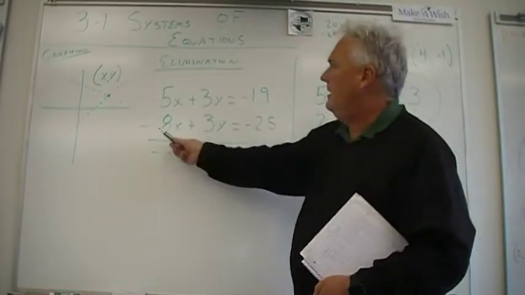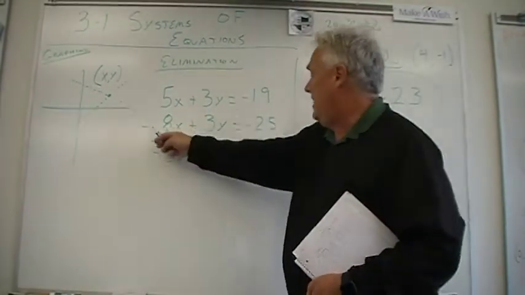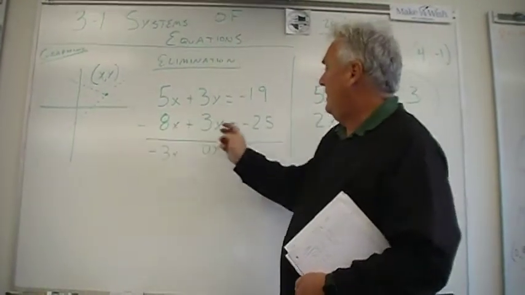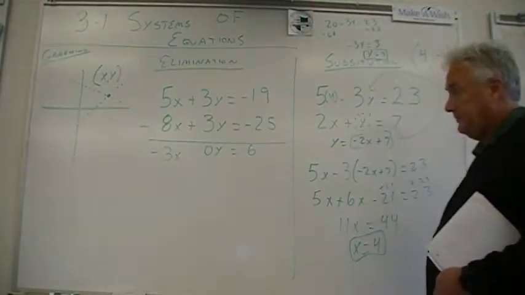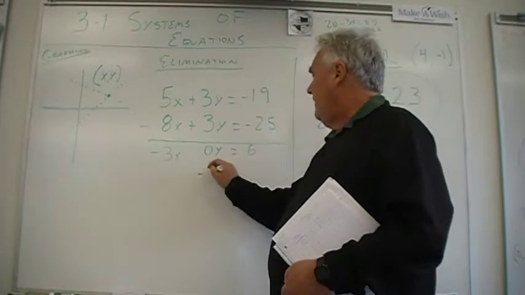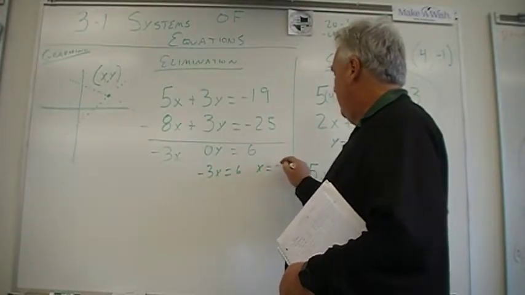Negative 19 minus negative 25. That is tricky. Minus a negative is positive, so that becomes positive 6. So negative 3x equals 6. x equals negative 2.